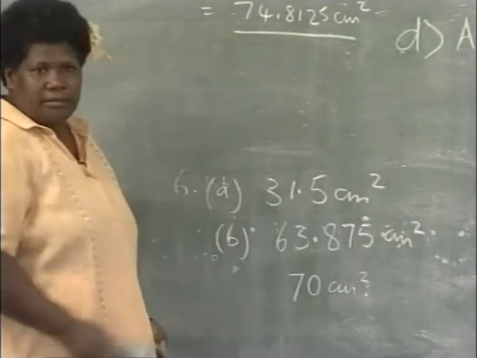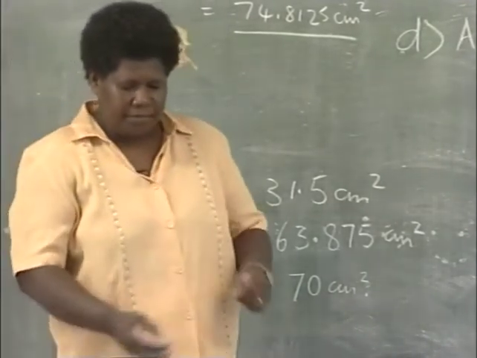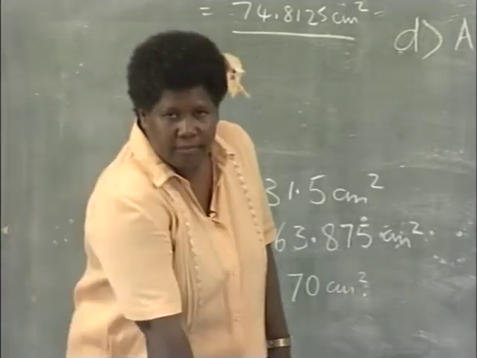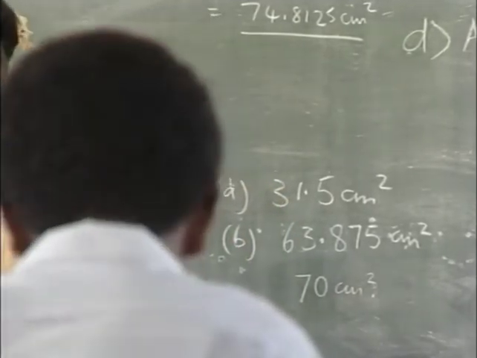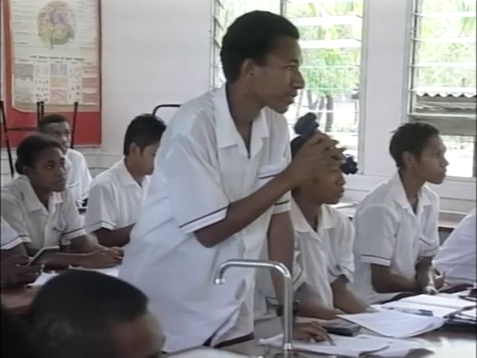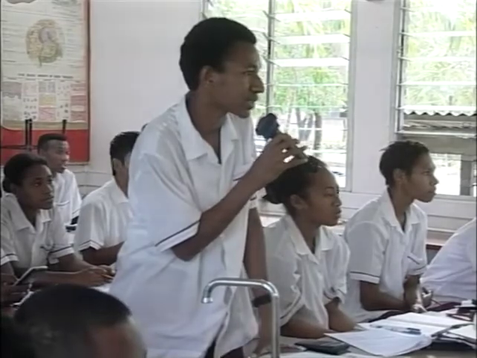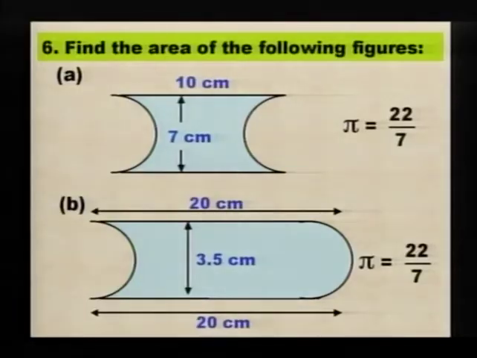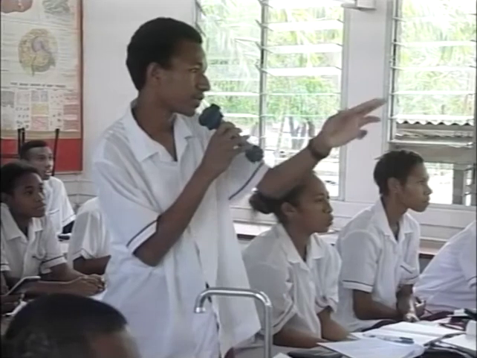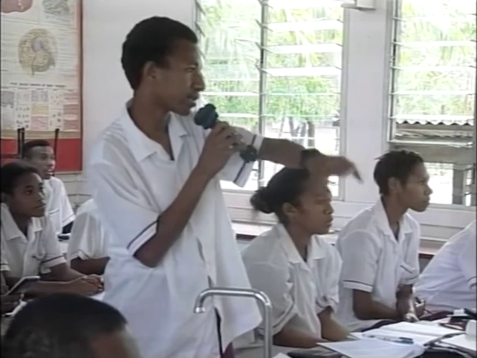Hurry up. Ponrele. First you subtract half of 3.5 from 20 centimeters. If you cut the top section off, it will fill in that blank over there, which will make a rectangle. If you get the section on the right side and cut it off, it will fill in that one.